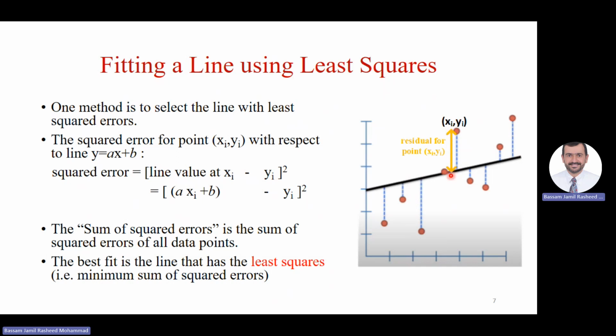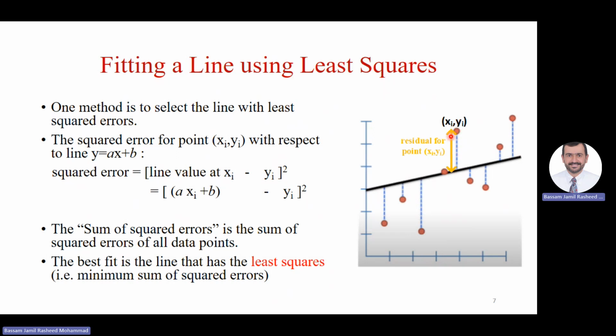This distance is my error. I square it, and it becomes my squared error. It is important to understand that we are dealing with two things here. We are dealing with the value that the line is predicting, which is right here, and the value that the training data says I'm supposed to be at, right here, given that I am at xi.